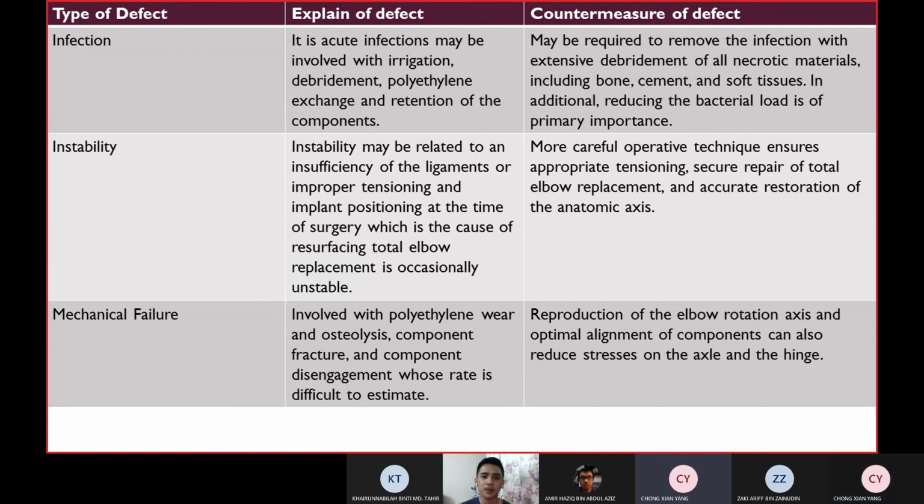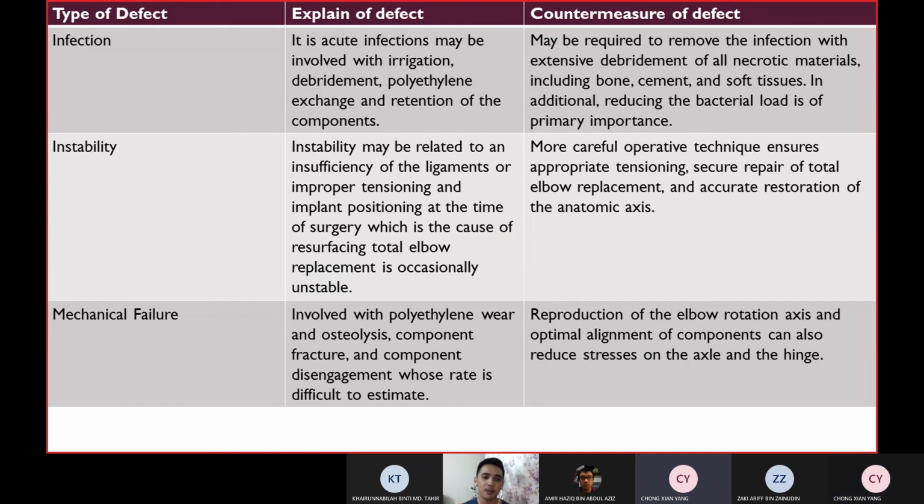For the countermeasure of the defect for infection, it is required to remove the infection with extensive debridement of all necrotic material, including bone, cement, and soft tissue. For instability, it requires a more careful operative technique, ensuring appropriate tensioning, secure repair of the total elbow replacement, and accurate restoration of the anatomic axis.